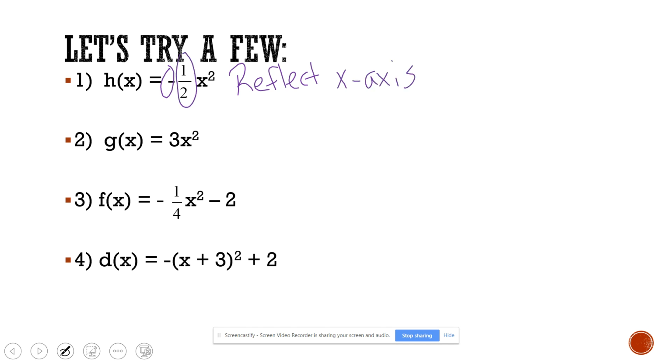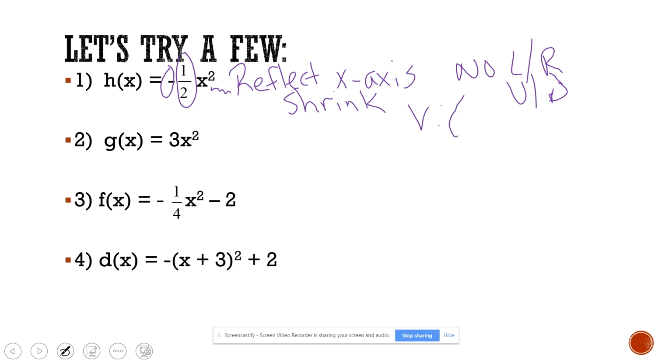This 1/2 is a shrink, and we don't have anything over here to the right of the x that's being added or subtracted. So there's no left, right, or up, down. So if we're not adding anything, that means our vertex is at 0, 0 for that graph.